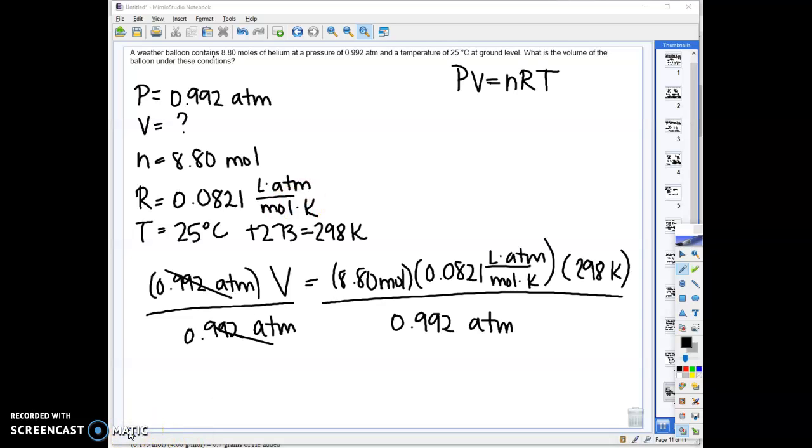So now I have all of my variables written here and my question mark on my volume because that's what I'm trying to solve for. I've plugged in all of my values into my PV equals nRT equation, and I have this all set up. I've divided both sides by 0.992 atmospheres so that I can get volume by itself.